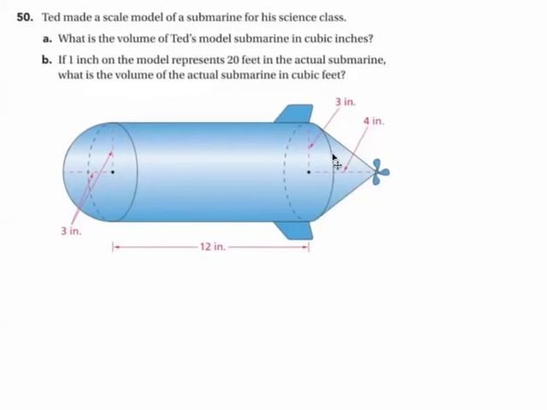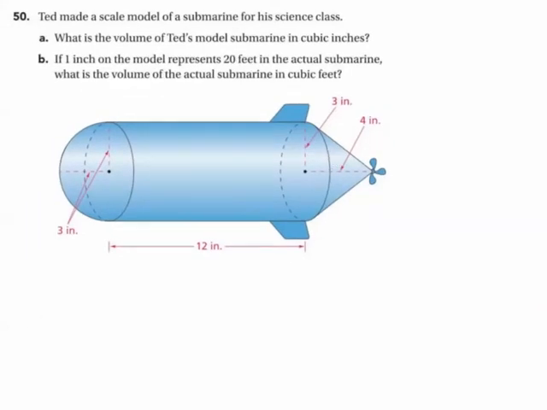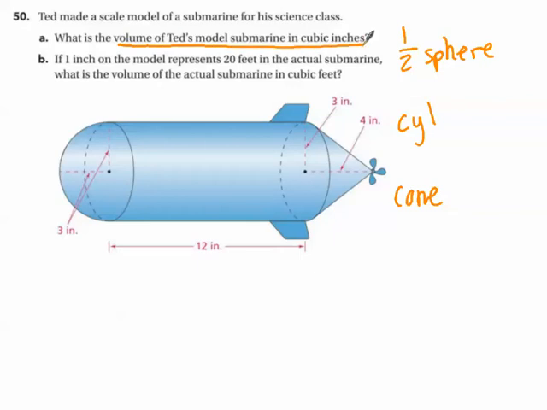I skipped 45 and went to 50. So to solve this, I really have 3 shapes here. I have half of a sphere, I have a cylinder, and I have a cone. Using these measurements, I'm going to find the volume of that.